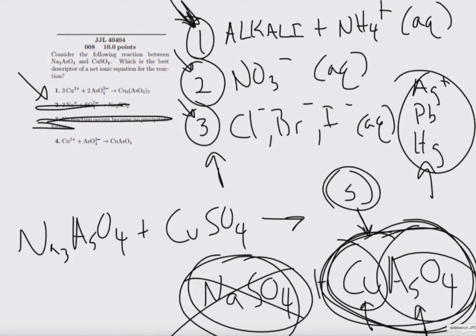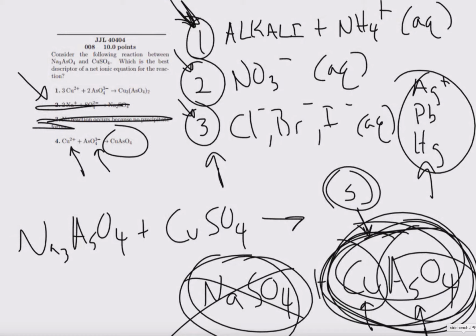The one that's correct is the one that's balanced. And if you look at the charges, we've got a +2 and a -3, which means it can't just be CuAsO4, even though I did write it down here. I told you this wasn't balanced. So the charges don't match, which means it can't be a simple formula like that. That's not the right answer. This is the correct answer. It is balanced, and it has the right ions that form the precipitate.